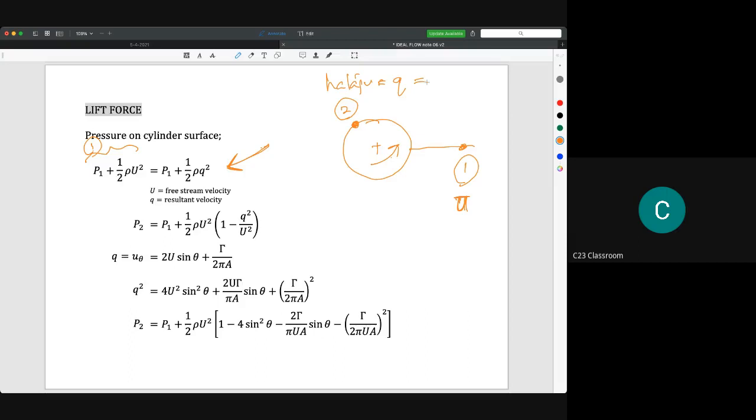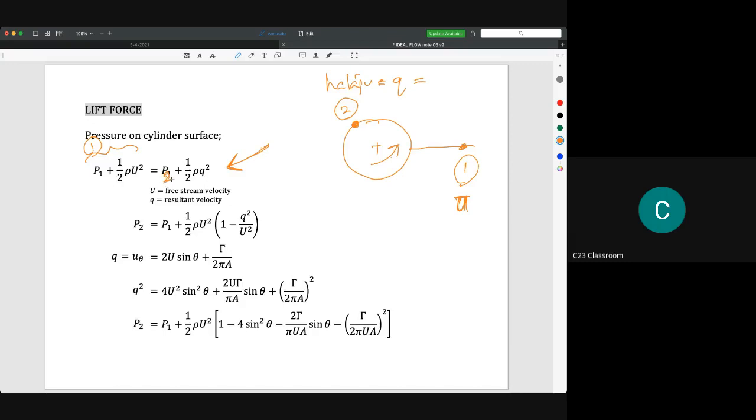Awak tidak boleh mengambil nilai UR sahaja atau U theta sahaja. By right, in official term, it is Q because it is the resultant velocity. But the resultant velocity actually consists of U theta only because there is no UR. And then what we do is we substitute the value of P2. I'm sorry, here is P2.